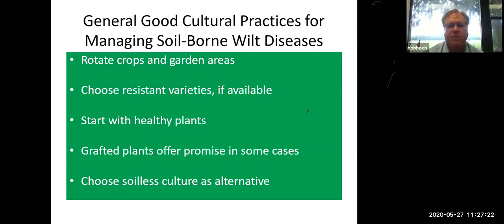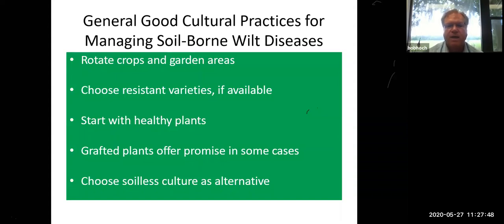If you have the ability to rotate from one area of the yard to another, and sometimes there's ability to rotate within the same garden area, but it's a little bit more difficult. For instance, in the case of root knot nematode, corn is not as negatively affected, but almost all other vegetables are. So in some of these cases, it's really difficult unless you can actually move the whole garden area.